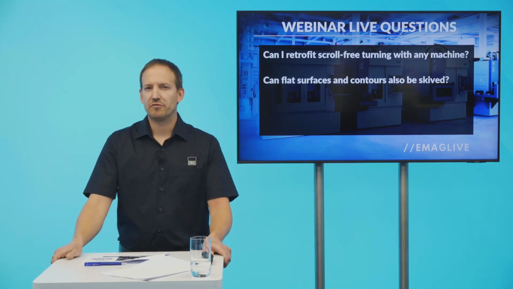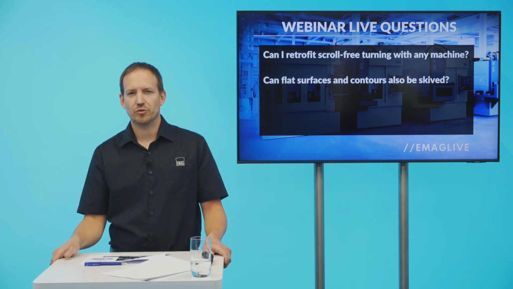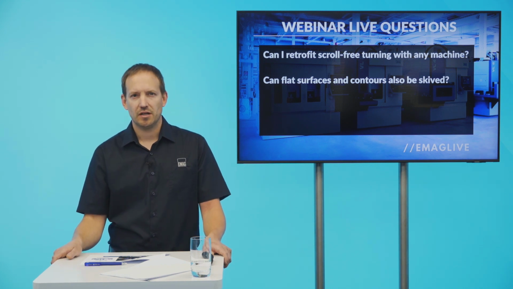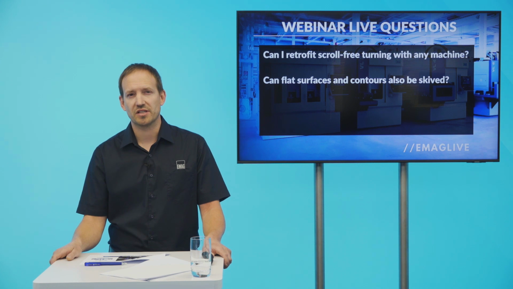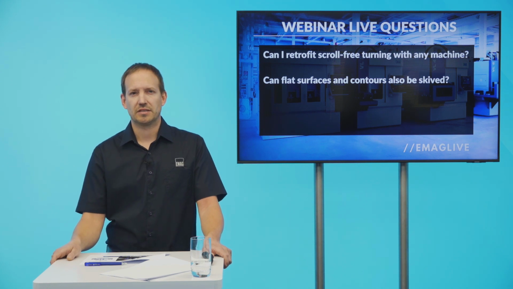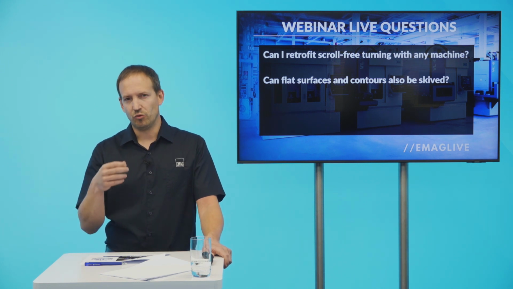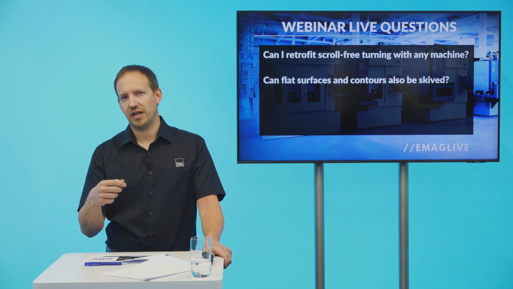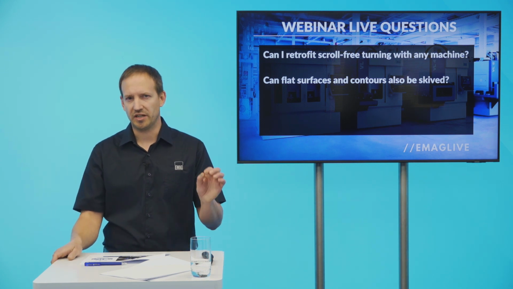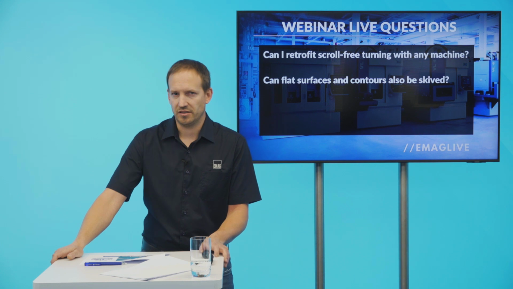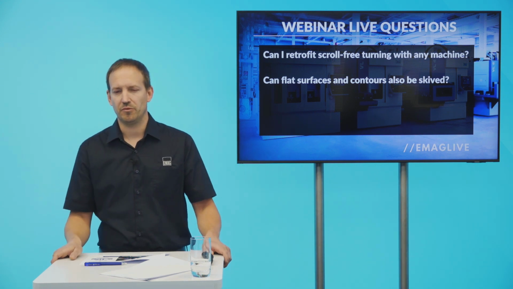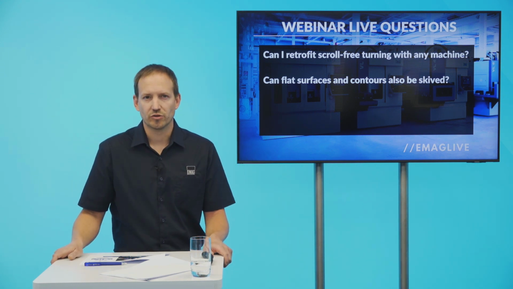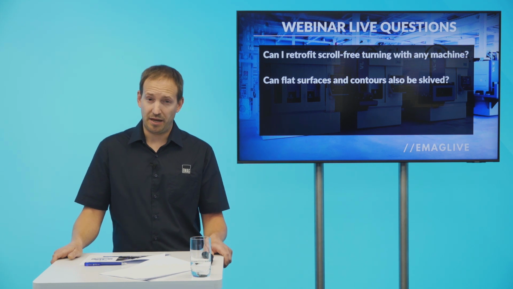Yeah, I think flat surfaces are not possible to produce with a skiving process. You can do something which looks like a skiving process, but the moving contact point over the cutting edge is not possible. You only cut with one edge, and you don't have the effect from the skiving process. Contours are possible, but it depends on the contour.